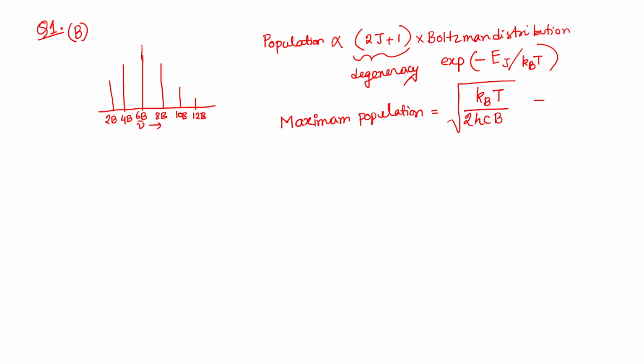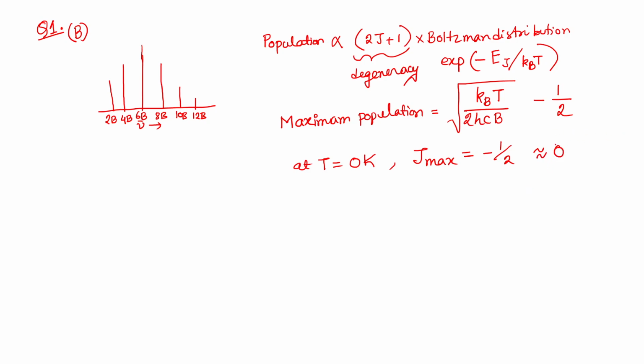At T equals 0 Kelvin, mathematically J max will come to minus half, but as you know the assumption we took for the derivation of J max was that the spectrum is continuous, which it is not. So actually your J max is 0 at 0 Kelvin temperature.